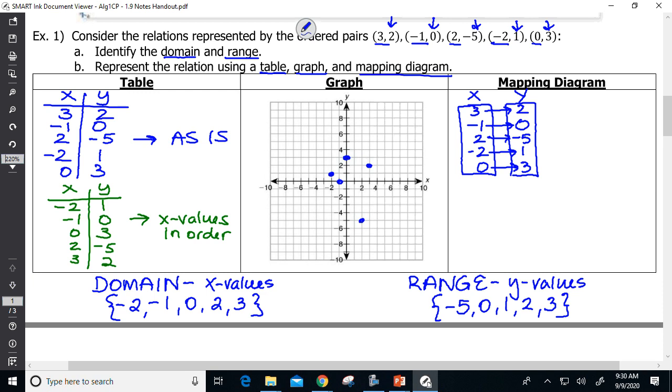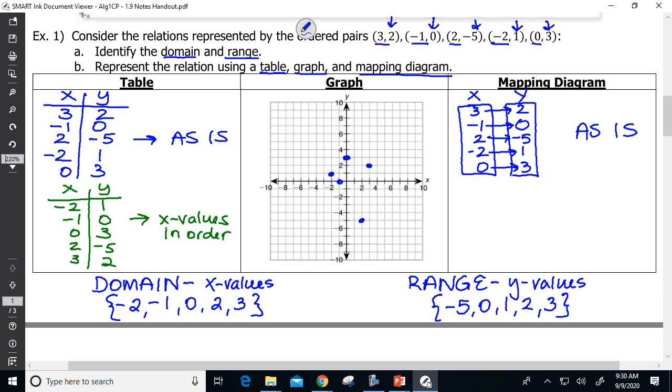Question. Yes. So just like the table, if the x values are put in order, would it be the same? Now, for a map, that's the other difference. For a map, if we put the x values in order, we also put the y values in order. That's the only difference for the map.